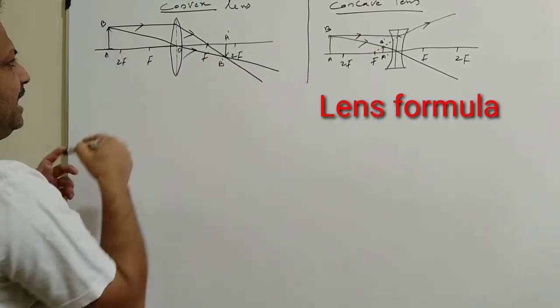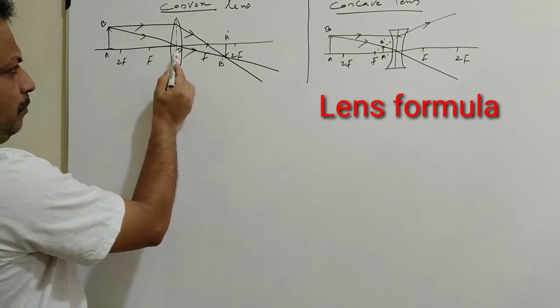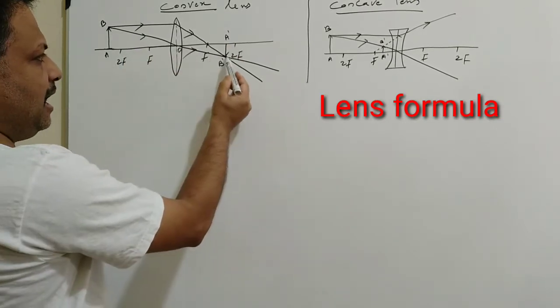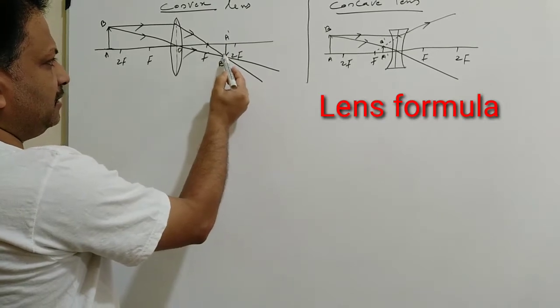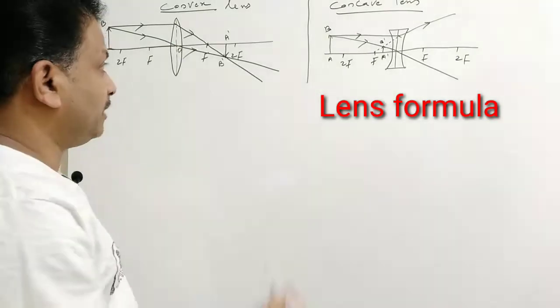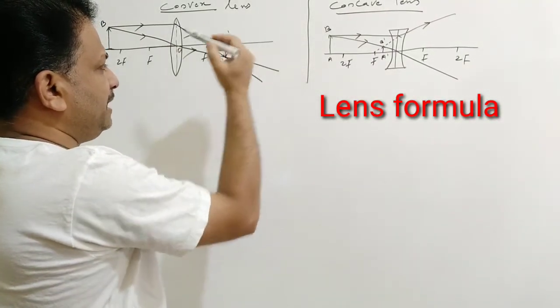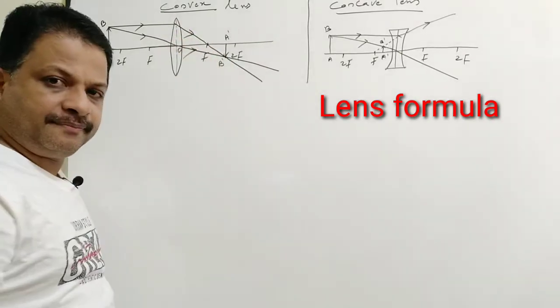A second ray of light travelling through the optical center passes undeviated, and the point of intersection is the place where the image is formed. We get a real, inverted, diminished image A'B' between F and 2F.